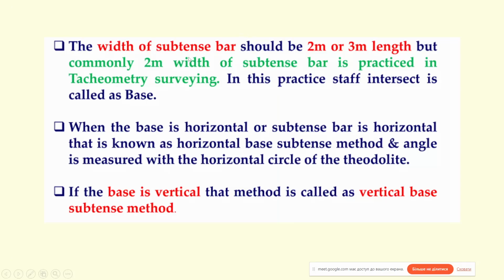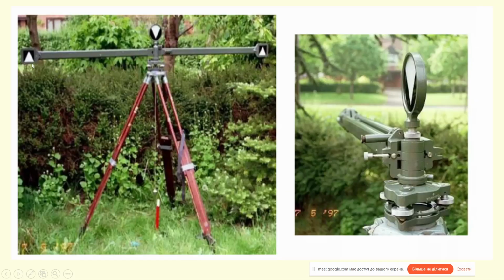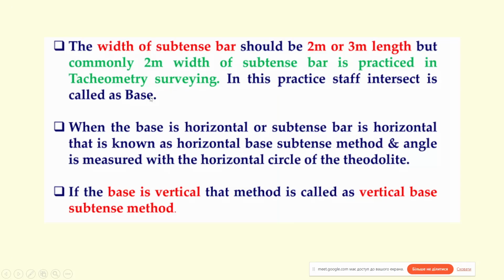The width of the subtense bar should be 2-3 meters, but commonly a 2 meter width is practiced in tacheometry surveying. In this practice, the staff intersect is called the base because the size of the subtense bar is constant.